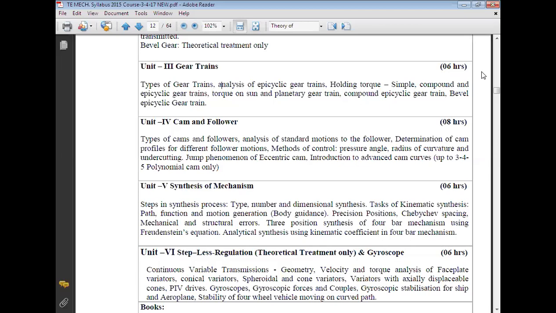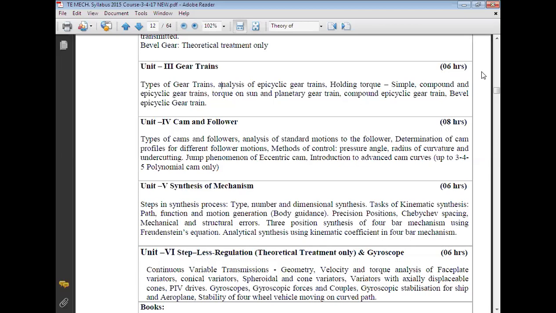Different gears can be engaged with each other, and we can get different output speeds, isn't it? So n number of combinations can be done, but you don't need to remember all these n number of problems. If you are aware of the basic things, then you can solve the problems based on those n number of possibilities. So this is quite a scoring unit, isn't it?